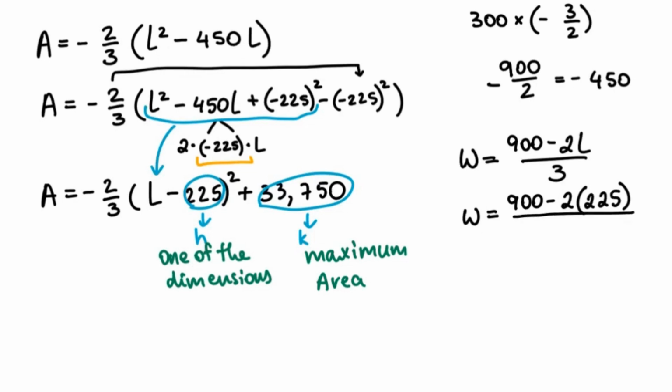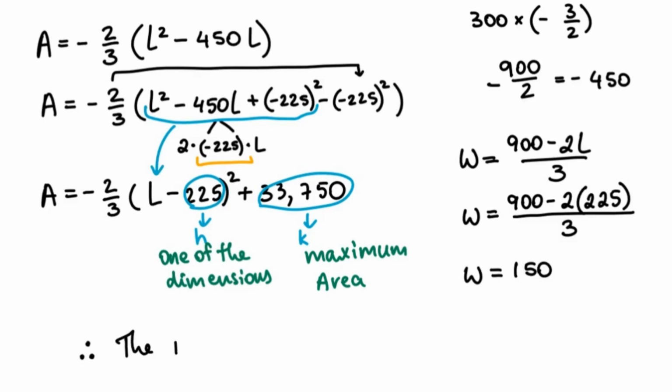Make sure you're using only positive values for your dimensions. Length and width must be positive. They cannot be negative. 3, and therefore W equals 150. Let's finish off with the therefore statement.